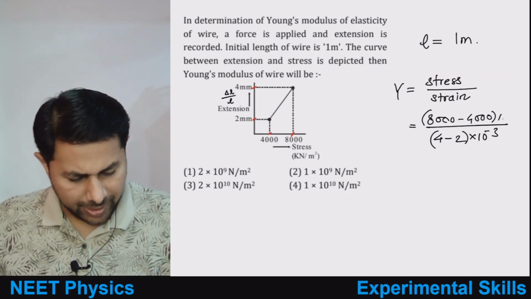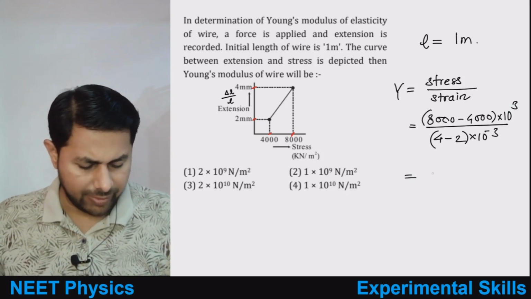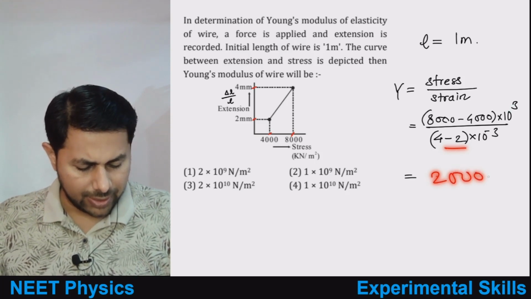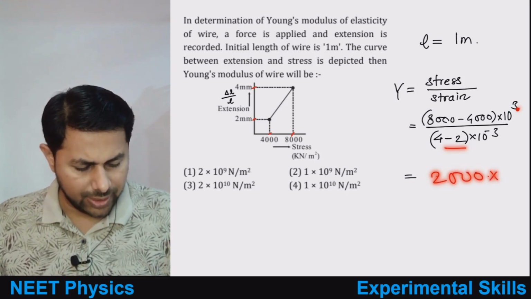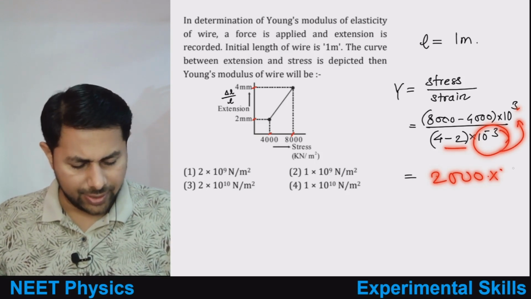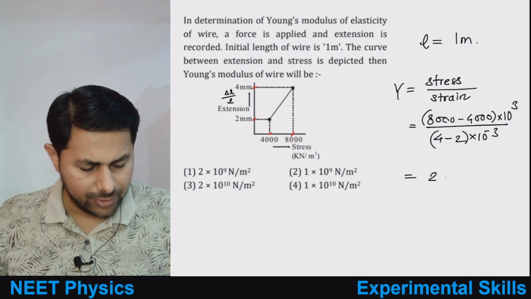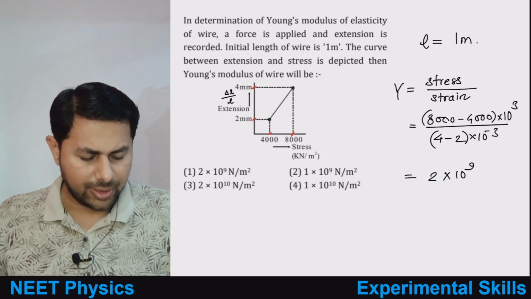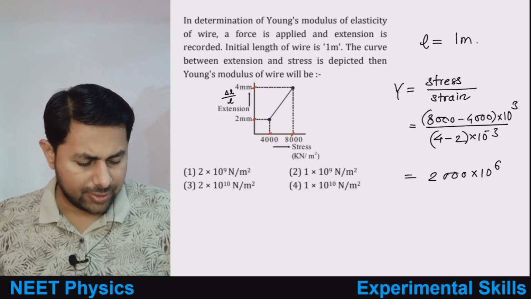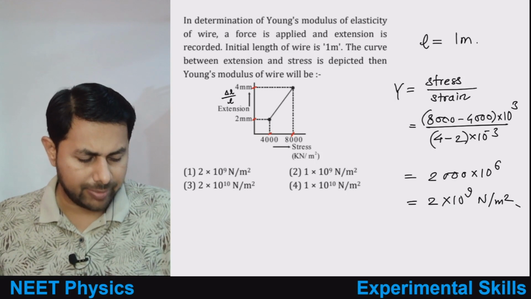Right, this thing multiplied by 10 raised to 3, then that is 4,000 divided by 2, that's 2,000, and 2,000 times 10 raised to 3, then this thing is again 10 raised to 3, so it will be 10 raised to 9. 2 times 10 raised to 9, right? 2,000 multiplied by 10 raised to 6, that is 2 times 10 raised to 9 newton per meter square.